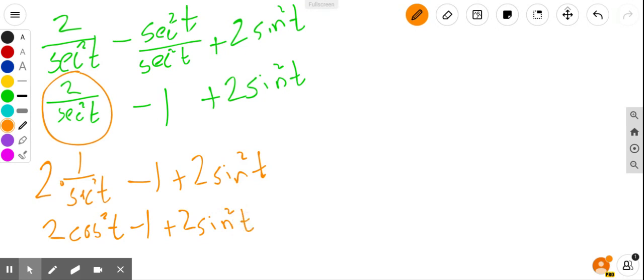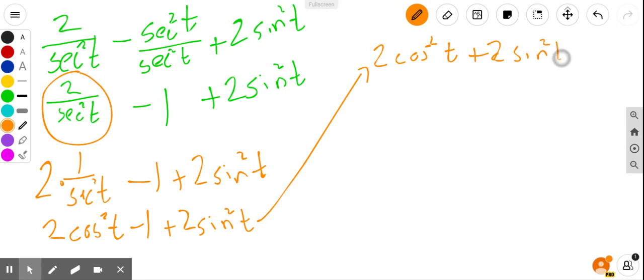And I'm going to do another step to rewrite, and I'm almost done actually. Because now that I've done this so much, I can kind of see how it's going to play out from here. So I'm going to think about it as 2 cosine squared of t plus 2 sine squared of t minus 1. And the reason I do that is because I know that cosine squared plus sine squared is an identity.